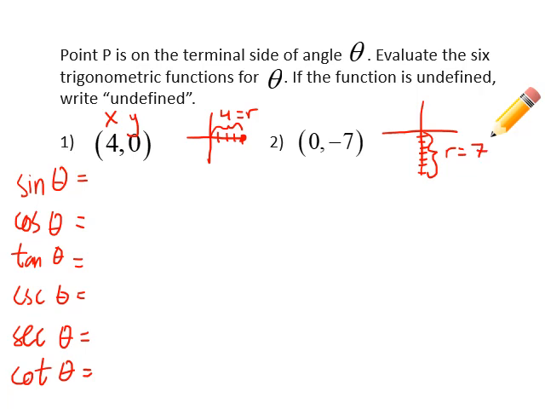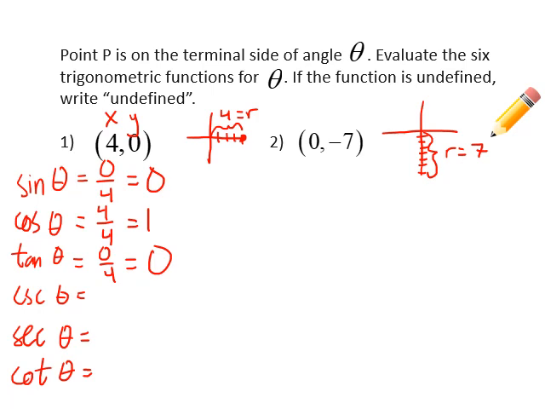So sine of theta, y over r, 0 over 4, which is 0. Cosine, x over r, 4 over 4, which is 1. Tangent, y over x, 0 over 4, still 0.